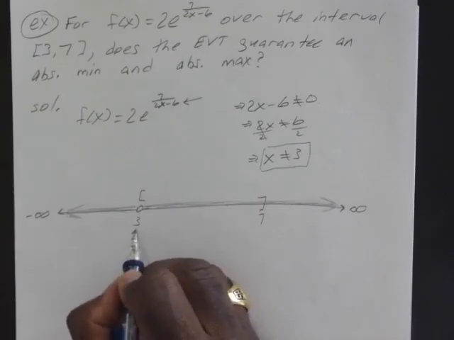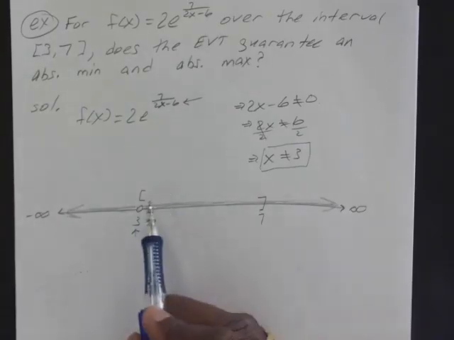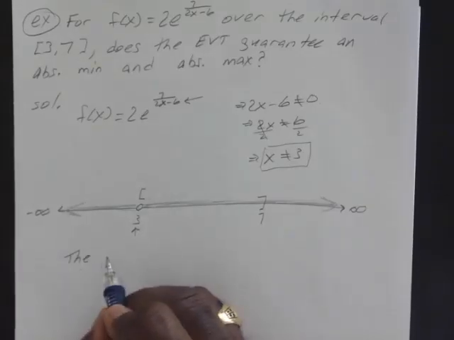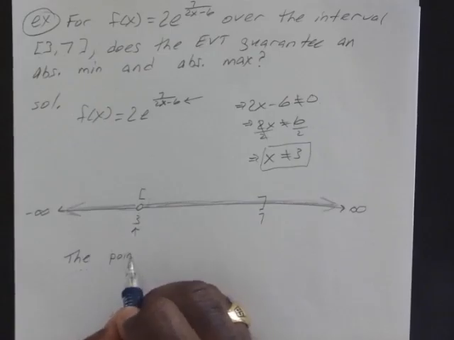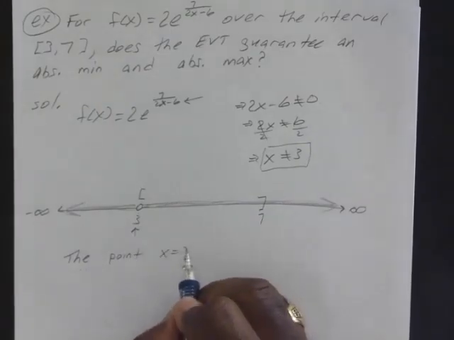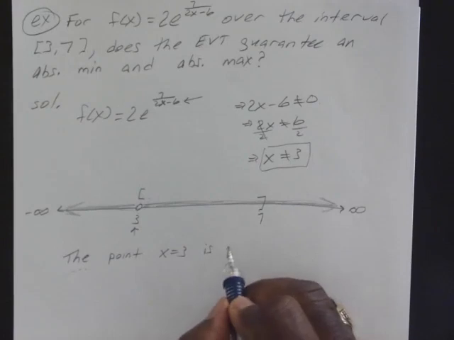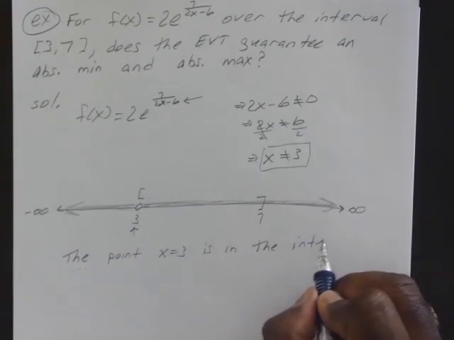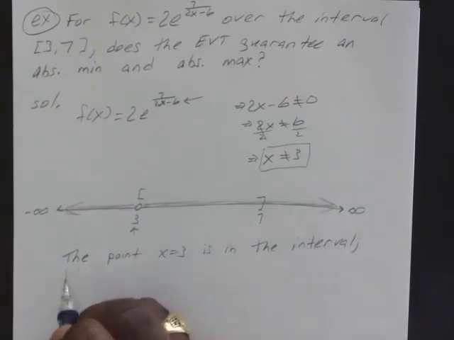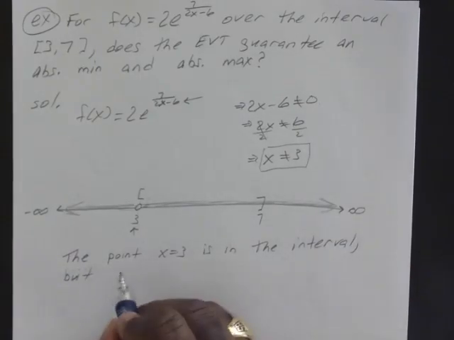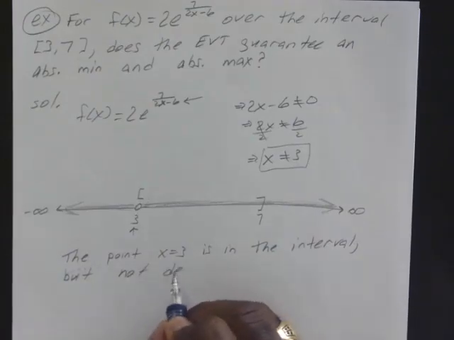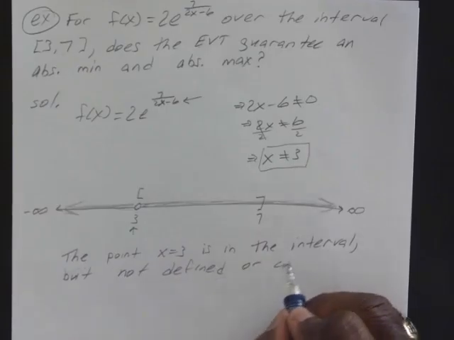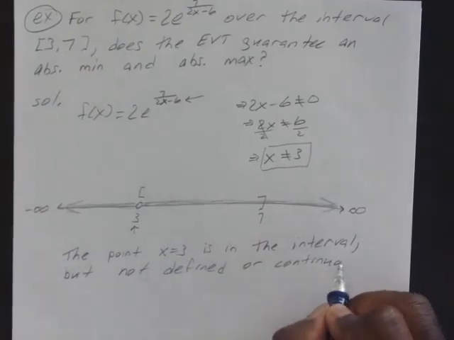Okay, so we can see here that right at that point, because it's not from 3 to 7, we know the point x equals 3 is in the interval but not defined or continuous.